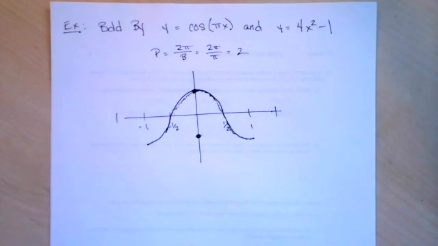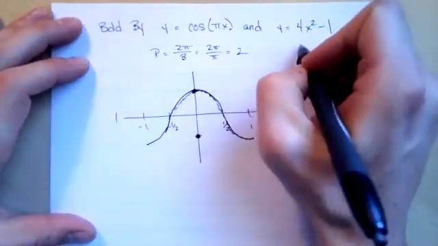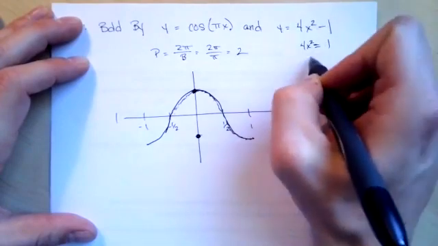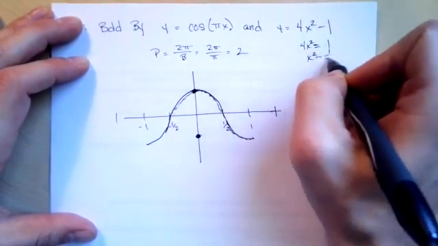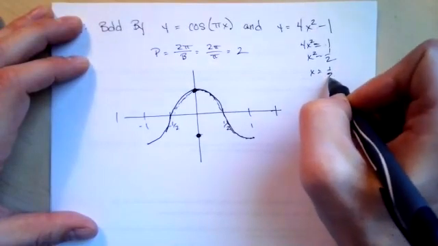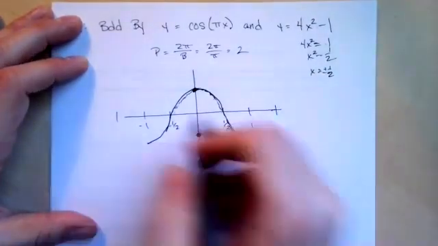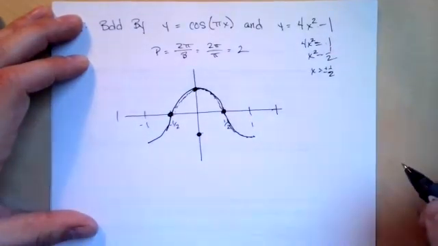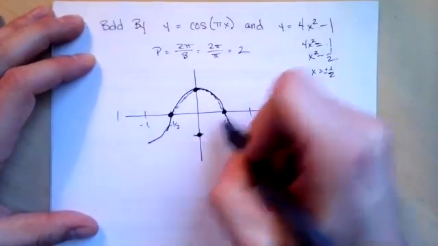What are the roots of this guy? If we took that and set it equal to 0, we get plus and minus a half, nicely enough. So we know that the parabola is going to have roots here. And then we can graph that.